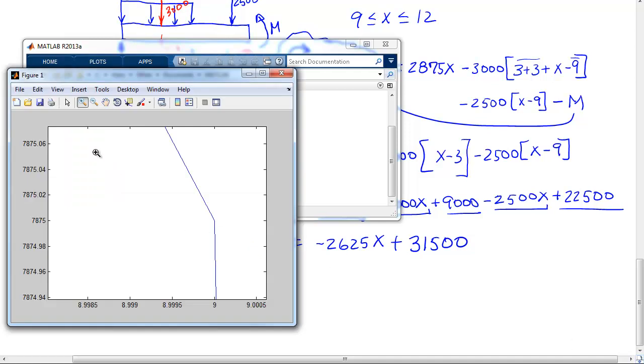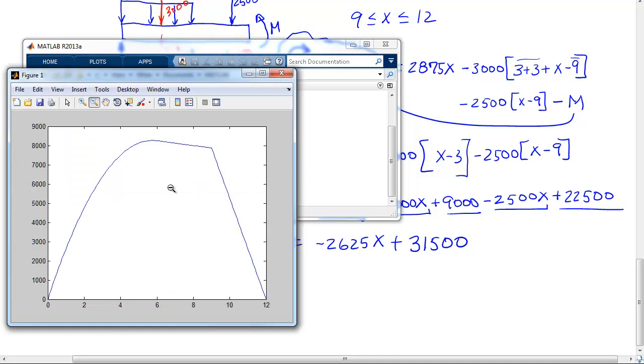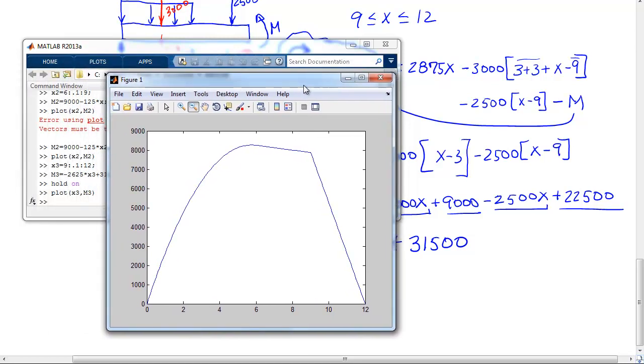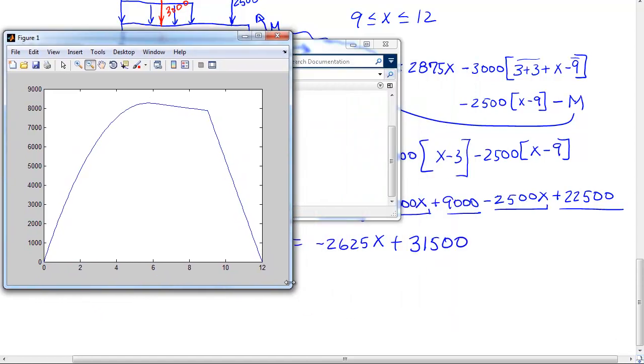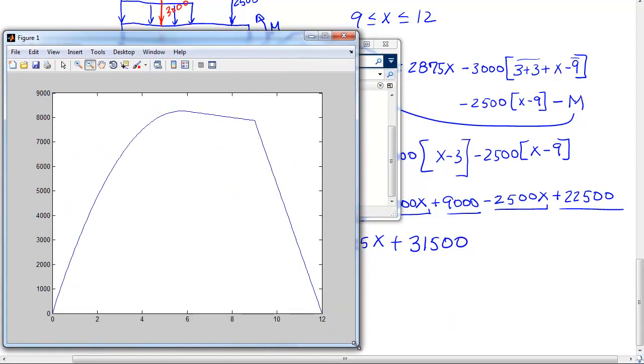Uh-oh, looks funny looking, doesn't it? But that's probably because I had it zoomed way, way, way out. I mean, not way out, way in, I'm sorry. So you take a look at this, and what do you see? First thing you should notice right off is, of course, at the right end of the beam, the moment drops to 0. And does it drop fast to 0. Is this consistent with our little web page?